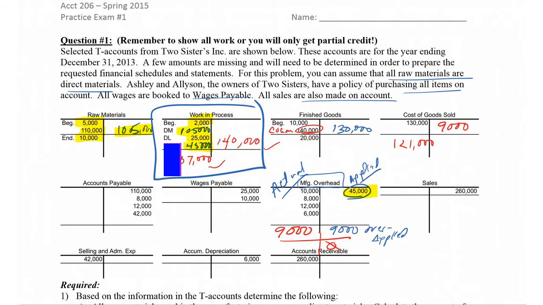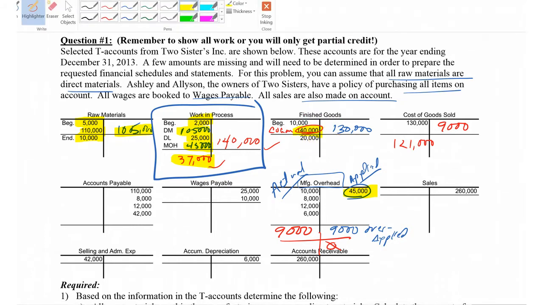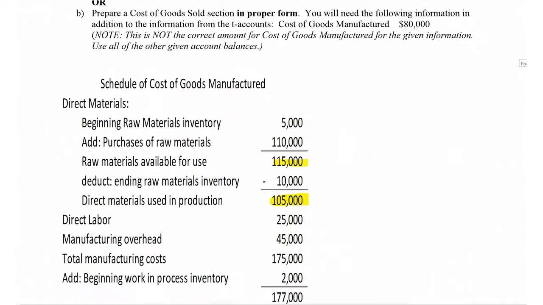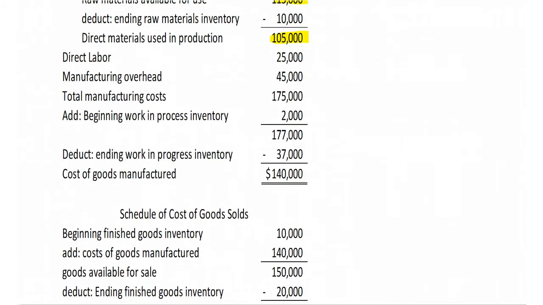Now remember, I calculated that by working backwards, because cost of goods manufactured is really this amount here of 140, but that goes from WIP into here. So we subtract the ending WIP to get cost of goods manufactured of 140, and that checks out to that.